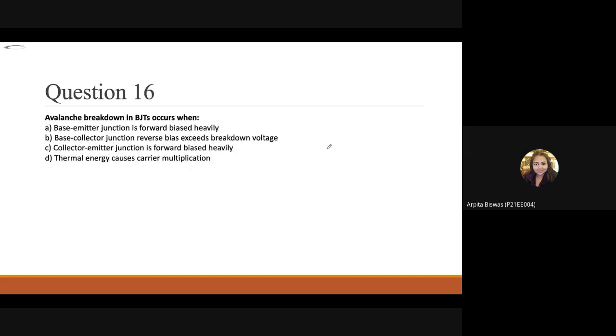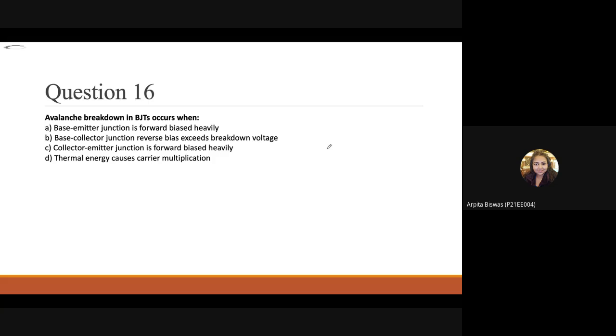So next is question number 16. Avalanche breakdown in BJT occurs when base emitter junction is forward biased heavily. Option B is the base collector junction reverse bias exceeds the breakdown voltage. Option C is the collector emitter junction is forward biased heavily. Option D is the thermal energy causes the carrier multiplications. At least try.